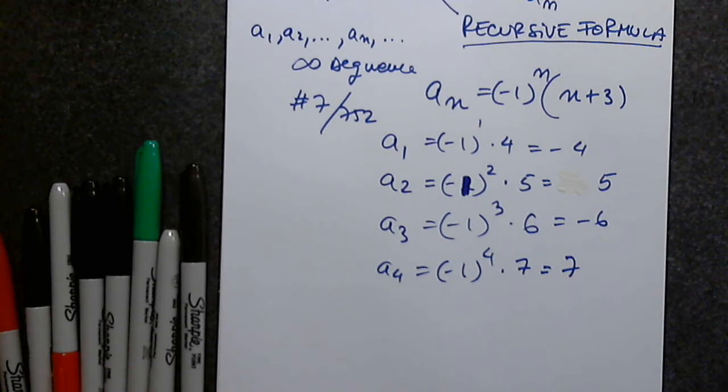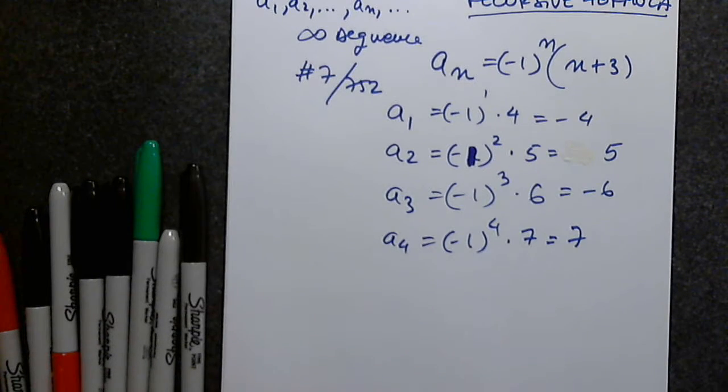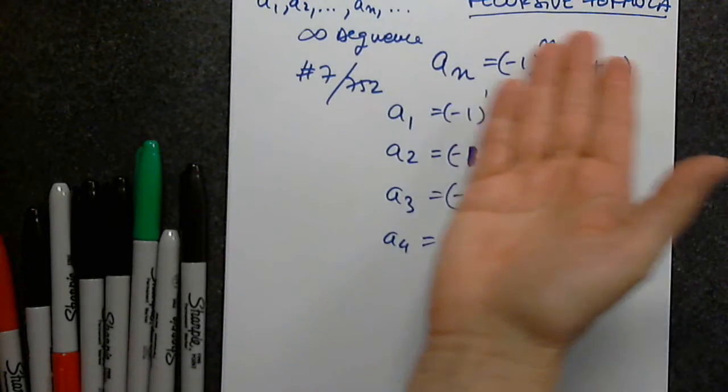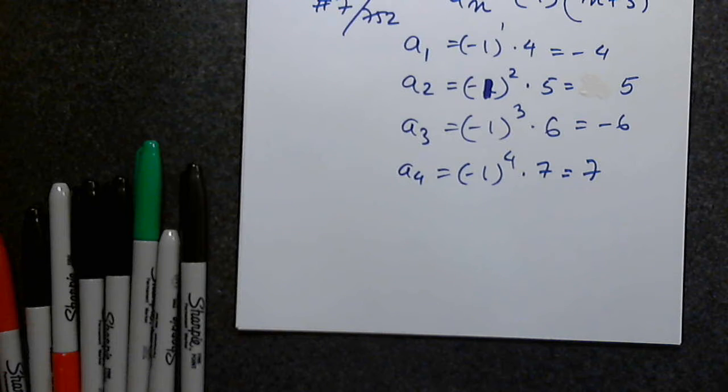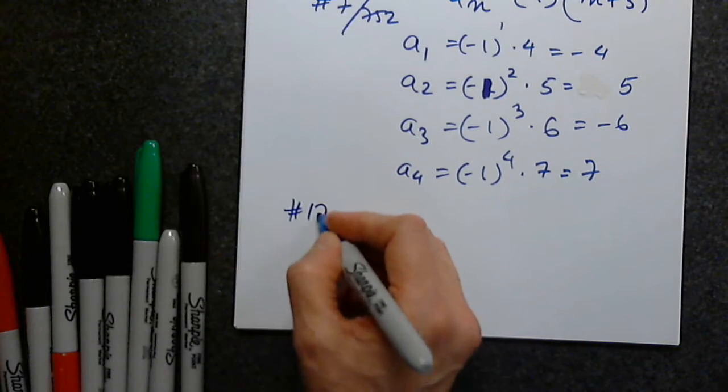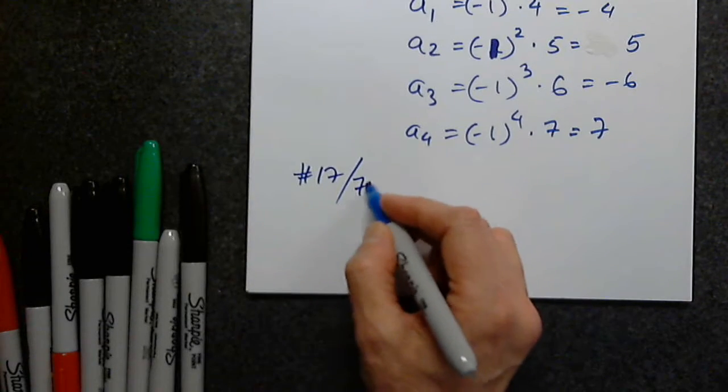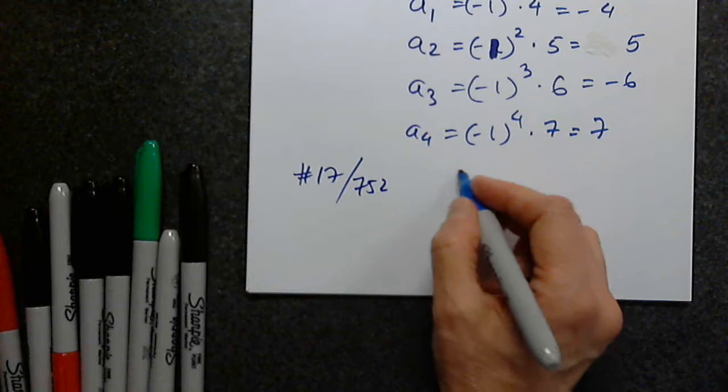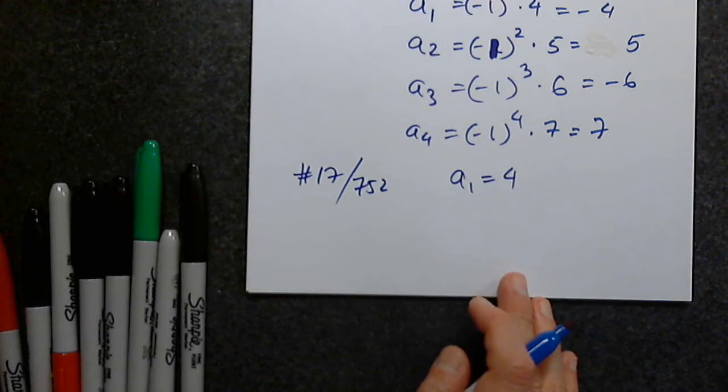So this was an example in which we were given the general term. We were asked to find the first 4 terms of the sequence. Okay, now let's look at the other type. We are given a recursive formula. Let's pick, you can pick if you have your book, it's up to you, let's say 17. Same page, 752. A1, we are given, is 4.